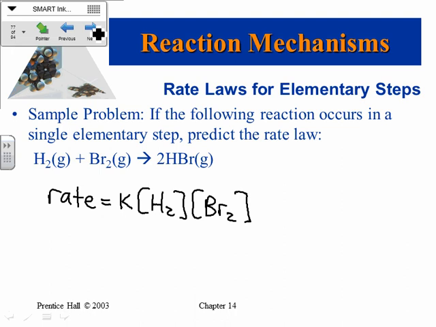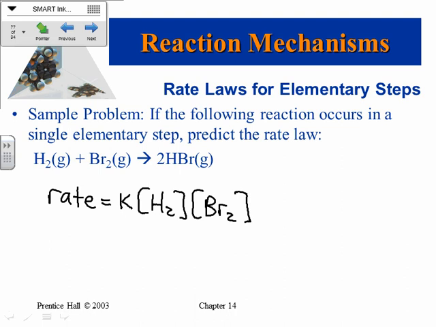Okay, so there it is. And that actually is based on the stoichiometry. Now again, don't do that when we're talking about an overall reaction, but when we're talking about the elementary steps in a mechanism, you can use the stoichiometry to figure out what the rate law is.